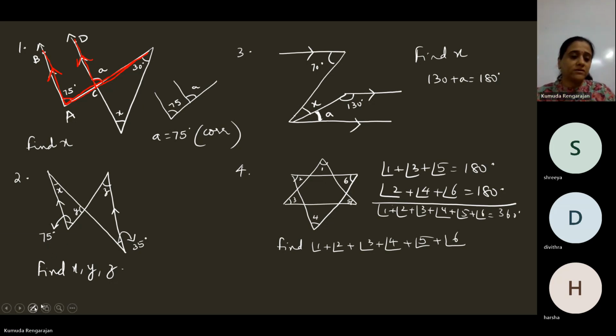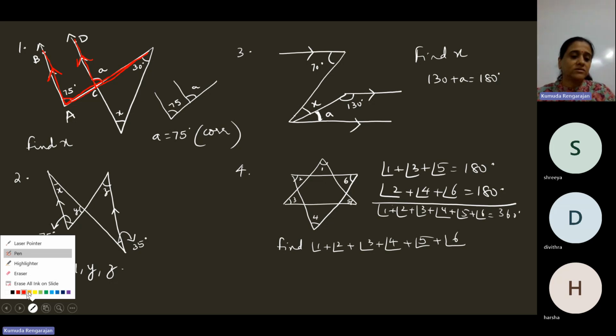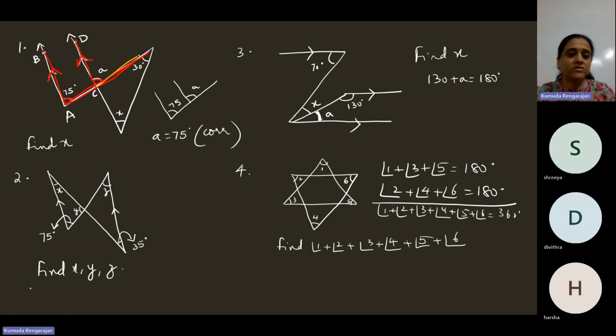Now, this is a triangle. The side is produced, so A is the exterior angle. This is the immediate interior angle. Leave this. These are the two interior opposite angles. This yellow thing is a triangle.